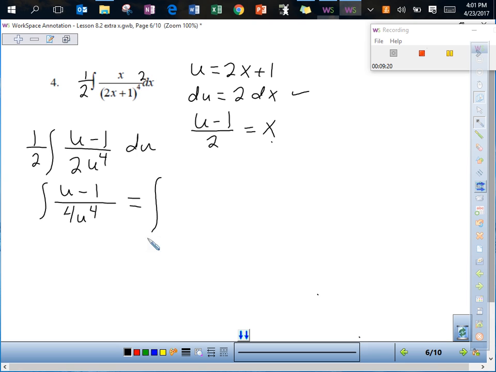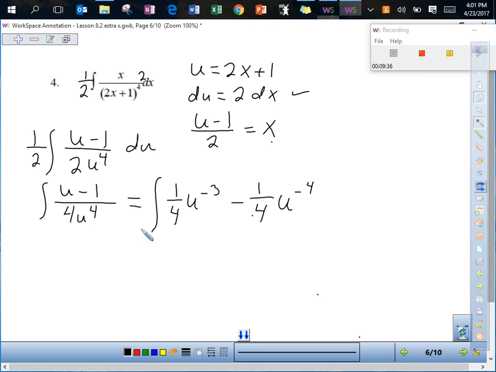So once I split it up, I've got u over 4u to the 4th, so I'm going to have 1/4 u to the negative 3rd minus 1/4 u to the negative 4th. So I just moved that 1/2 in so I didn't have to mess with it later. And then I split them up, 1/4, brought that up after I simplified.